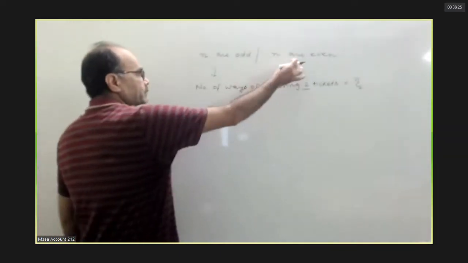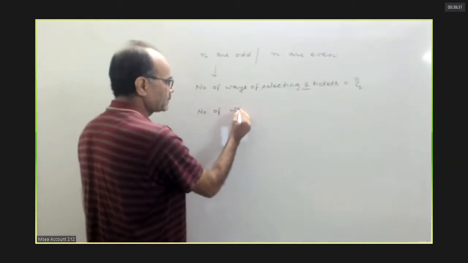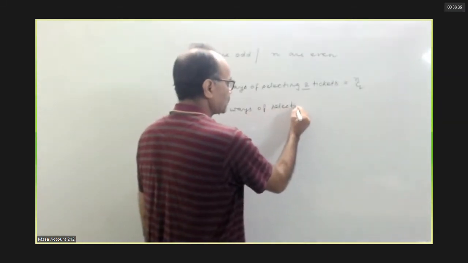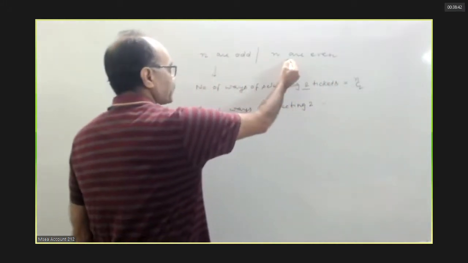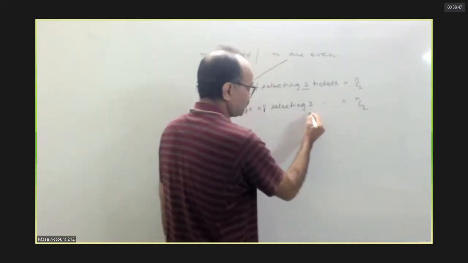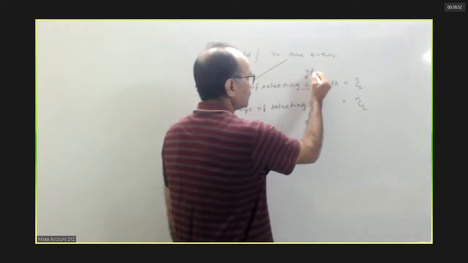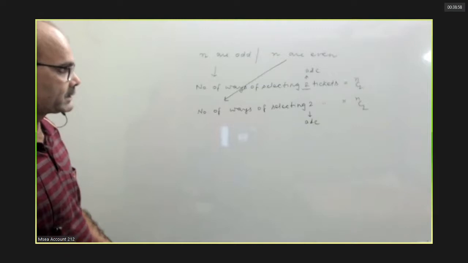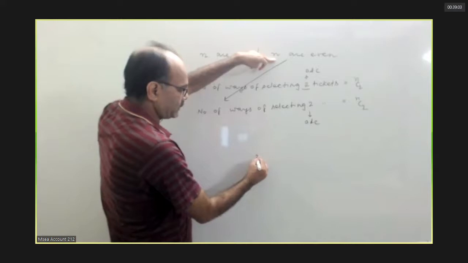Now, from this group, let us select 2. Number of ways of selecting 2 tickets from this group equals nC2. These 2 are only A and C, and this is also A and C, because once I select A and C, B becomes fixed. Let us take 2 from here, for example 2 and 10.